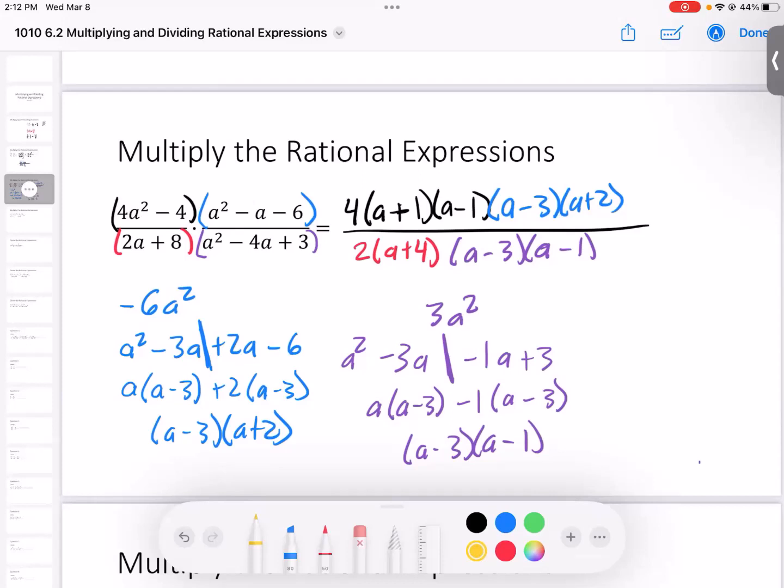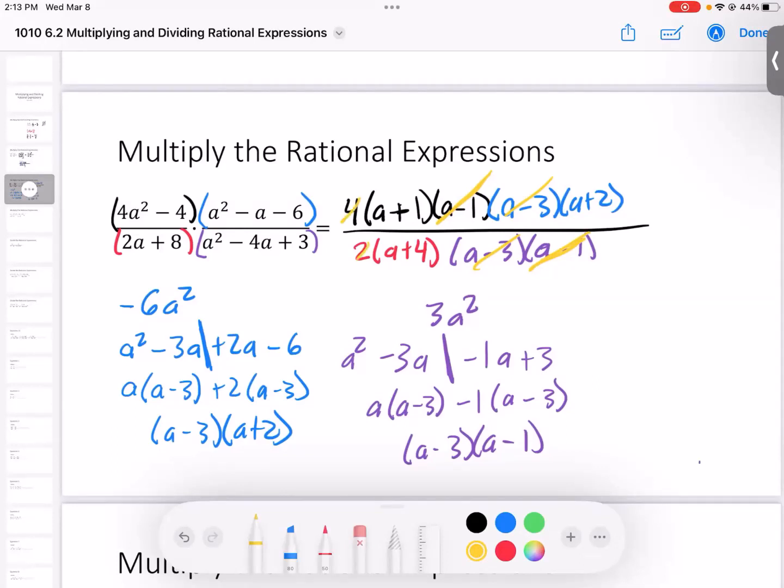So when I look through this, I see that I have 2 a minus 1s. So a minus 1 divided by a minus 1 will cancel out to 1. I also have 2 a minus 3s. If I do a minus 3 divided by itself, that also equals 1. And I can also simplify this because what's 4 divided by 2? Just 2.